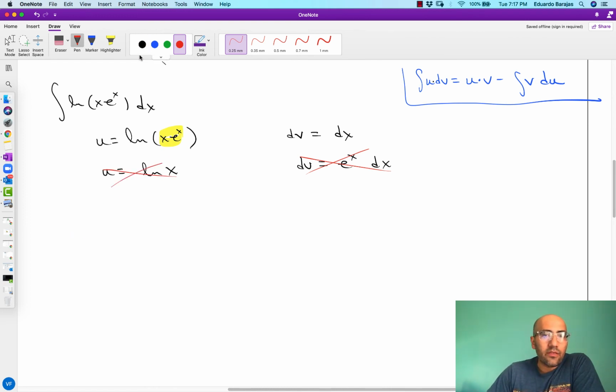The other thing you could do is make the whole thing dv, dv equal to ln of x e to the x dx. And then I guess u would just be a 1.